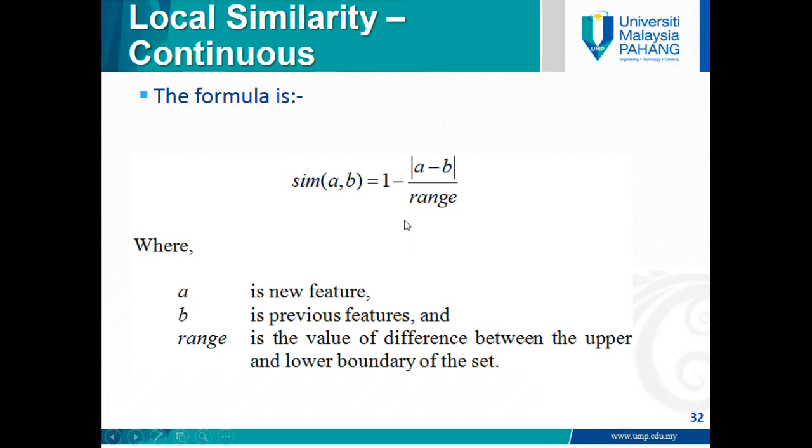So in this formula, you have to know that A is the attribute value in the new case, B is the attribute value in the old case, while the range here is the difference between the upper and the lower boundary of the set, meaning that the range equals the maximum minus the minimum value.